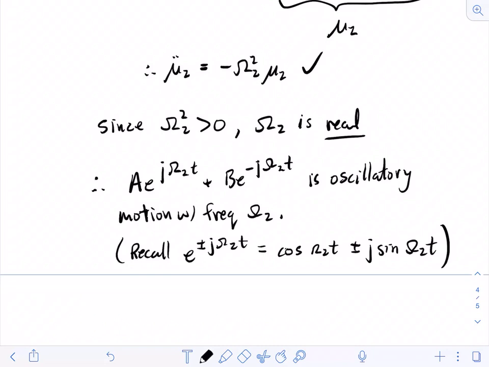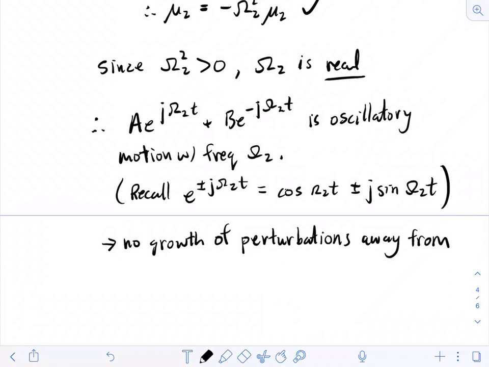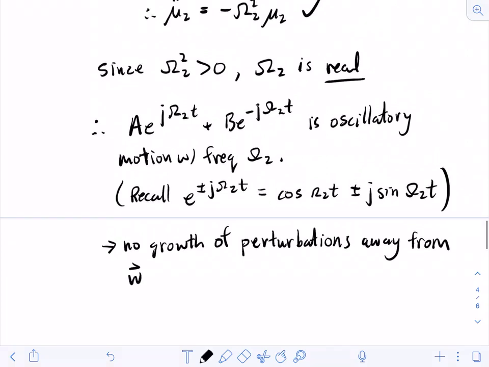The size of those oscillations will be determined by the size of the original perturbations, but they're not going to grow. So there's no growth of the perturbations that were away from omega equal to omega 1 E1 hat, as we wrote it. And so what we get are stable oscillations.